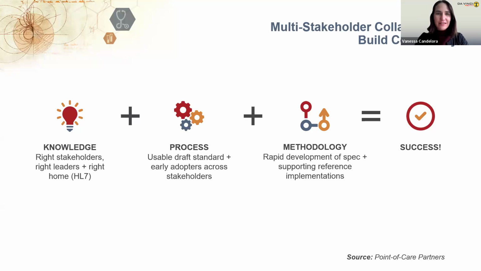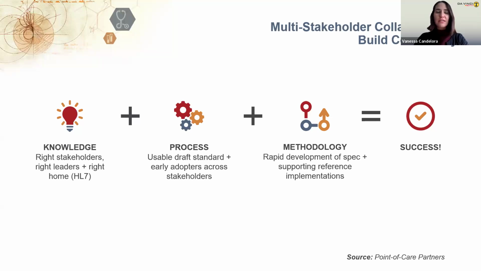Alice already mentioned FHIR and what it is. FHIR is a standard for syntax and data exchange, and a model that is under the umbrella of HL7 International, or Health Level 7 International, which is an international standards development organization. And DaVinci is a project within that, which we'll get a little bit more into. DaVinci is what's considered a multi-stakeholder collaborative.